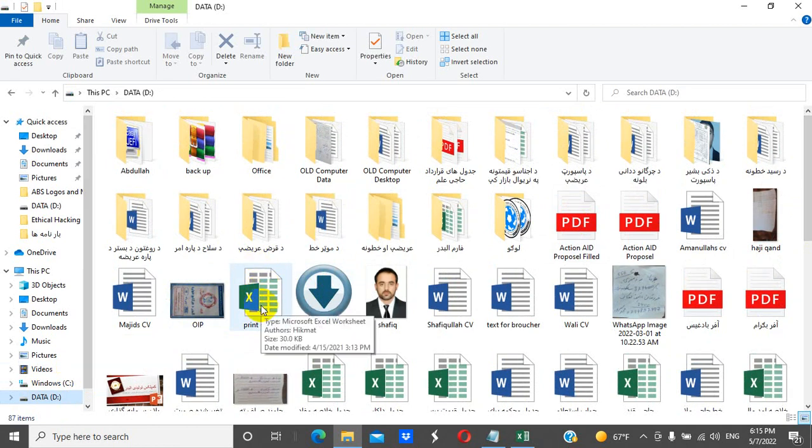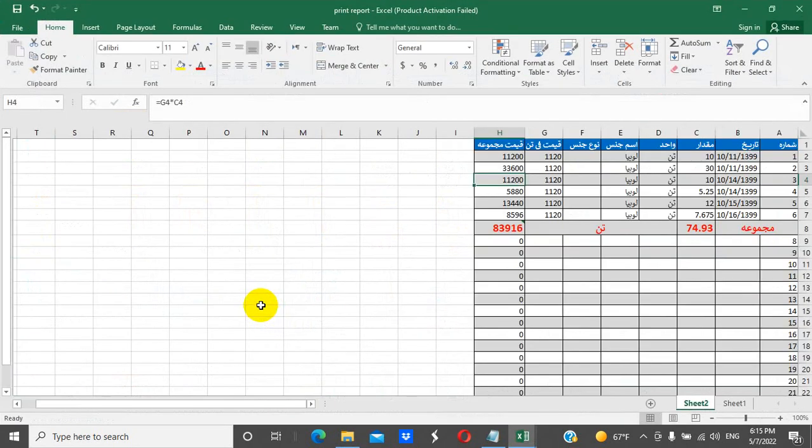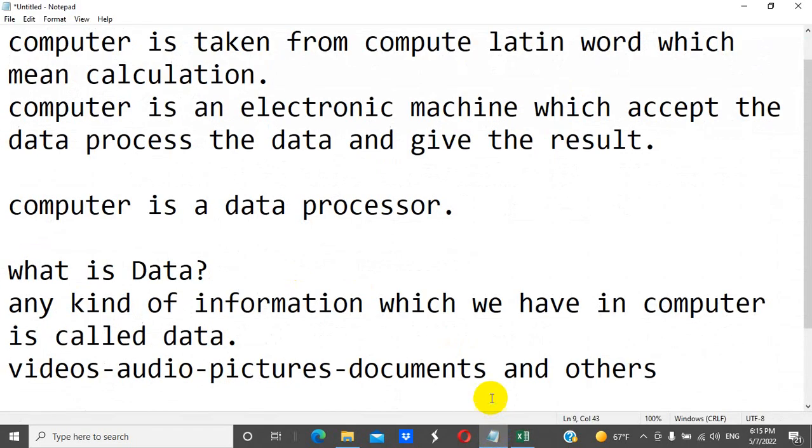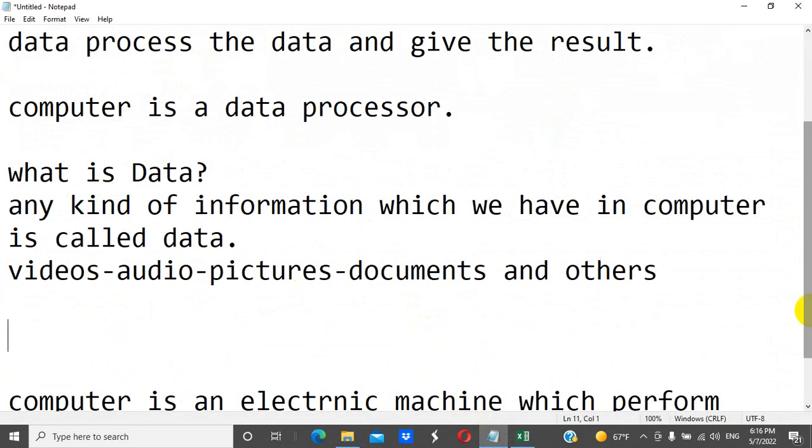What's inside the file? We don't know. Now if we double click on it, the computer processes it and gives the result. The computer showed what was included in this file. So any kind of information we have in the computer, we can call data or information. Also we can say that these are information and also data.